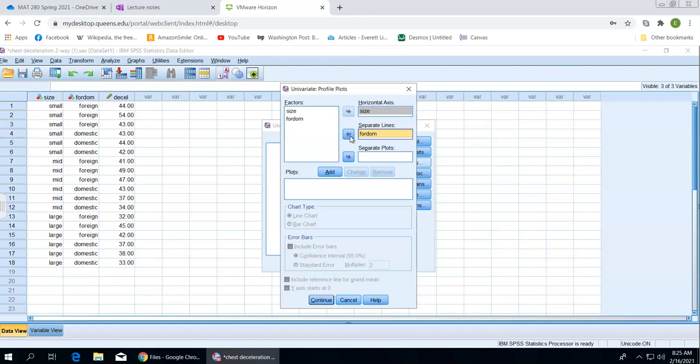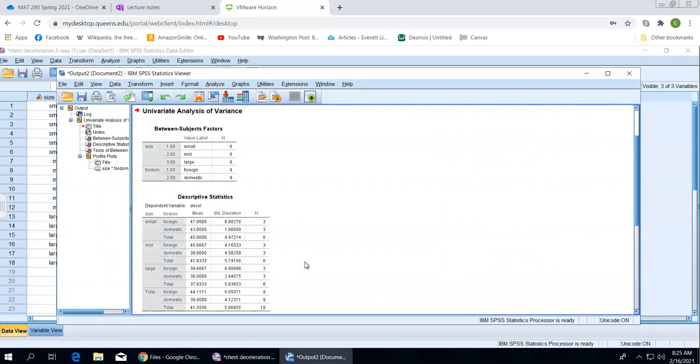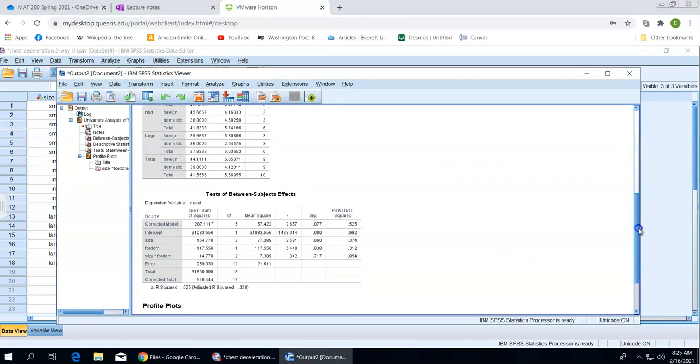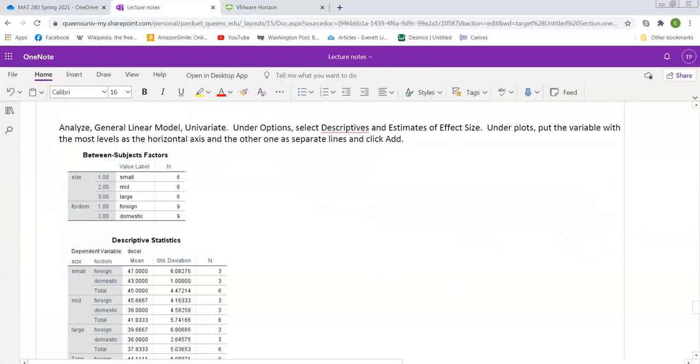Put the one with the most levels on the horizontal axis. So size has 3 levels, but the 4DOM variable only has 2. So we'll put size on the horizontal axis. And then you've got to hit add. Click continue, and then click OK. And this gives us our output, including this profile plot that we were looking at a minute ago. And I've got all the instructions listed in here.